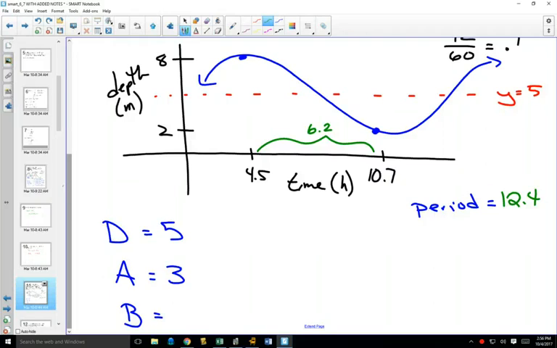So your period is going to be 12.4. And then your B value is going to be 2 pi over 12.4. If it takes 6.2 to go from 4.5 to 10.7, that's how much it takes to go from the maximum down to the minimum. Because it's symmetrical, to get back up to here again, it's going to take another 6.2, and that'll be 12.4.